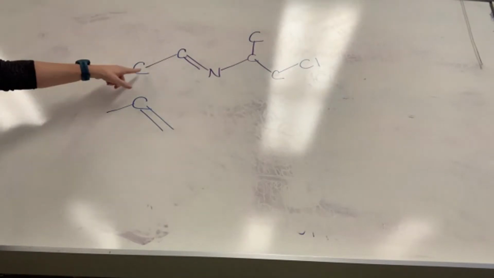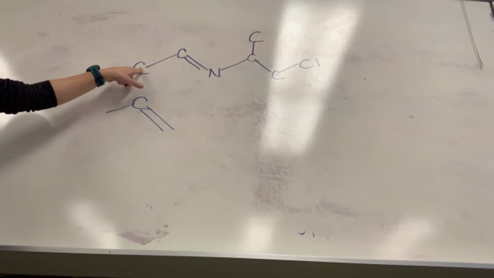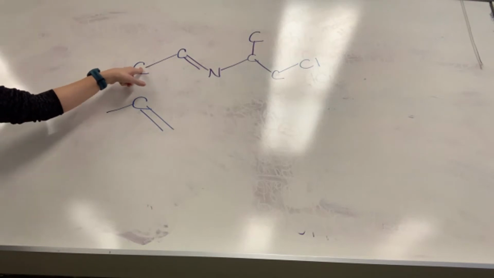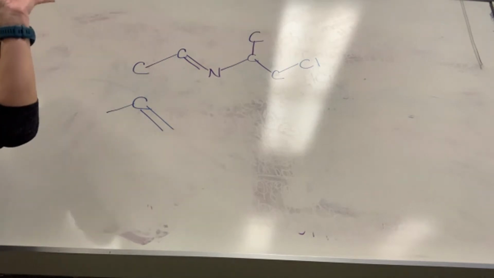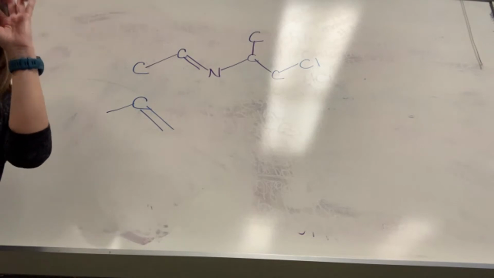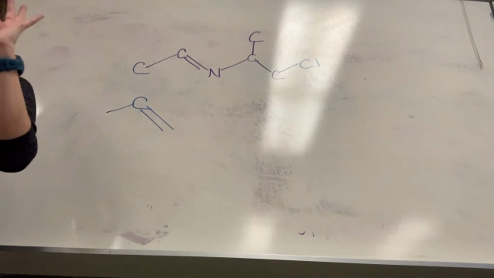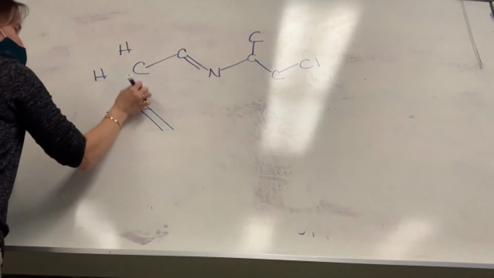That's what that means. So you choose one carbon. How many lines are on that carbon right now? 1. What is our goal? 4. Okay, so I have 1. How many hydrogens do I need? 3. For every missing bond, that's how many hydrogens you draw. So I need to draw 3 H's.